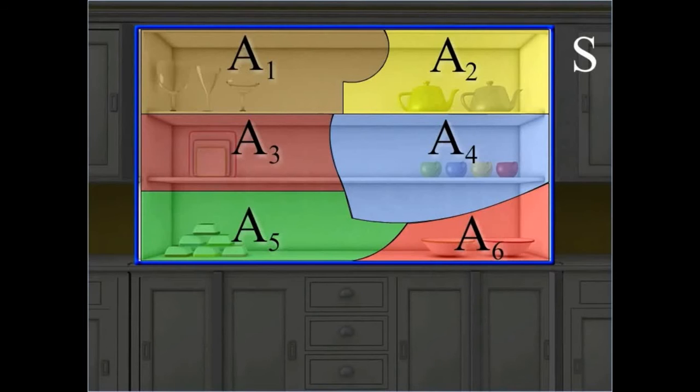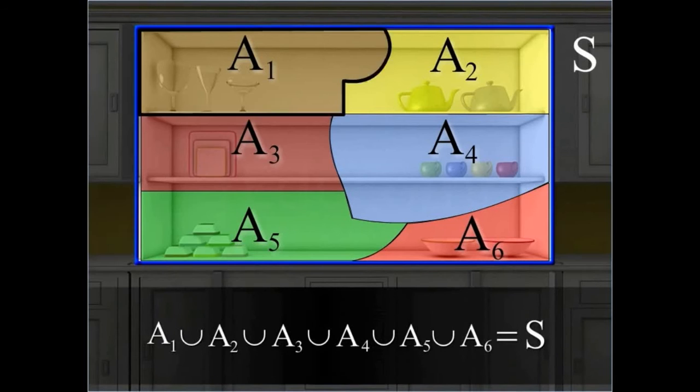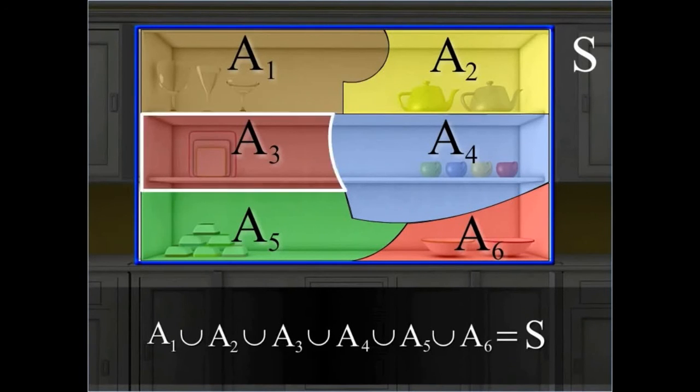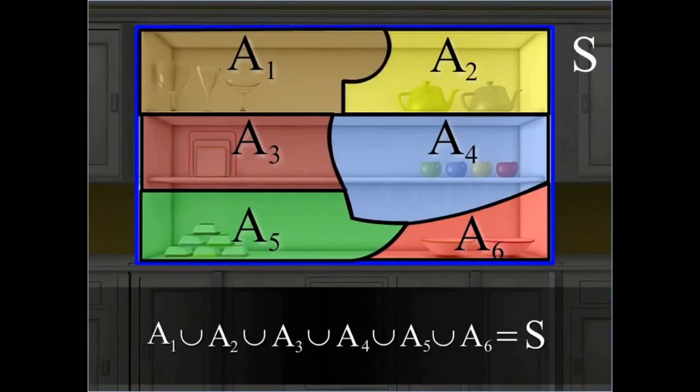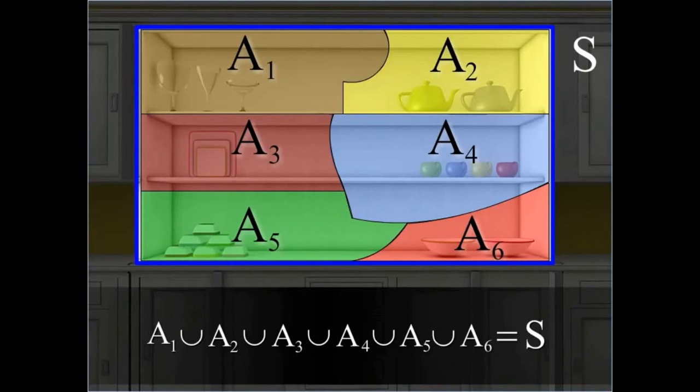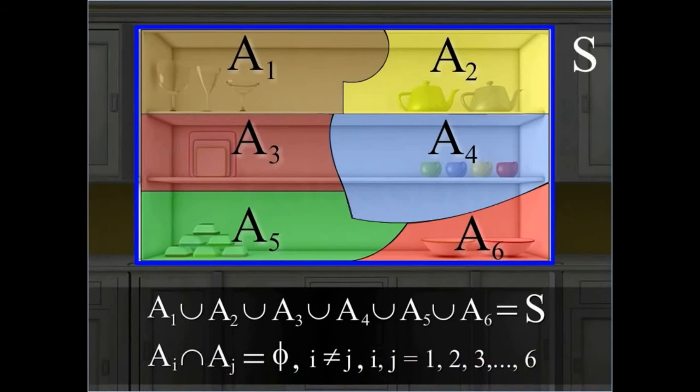You can observe that non-empty sets A1, A2, A3, A4, A5 and A6 are the subsets of the sample space S such that the union of A1, A2, A3, A4, A5 and A6 is a sample space S. Also, all the subsets of the sample space are non-overlapping sets, which implies that the intersection of any two subsets is a null set.